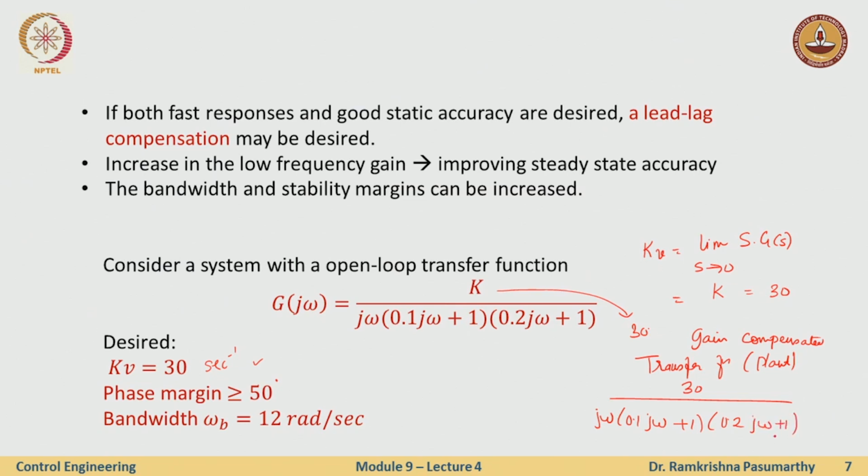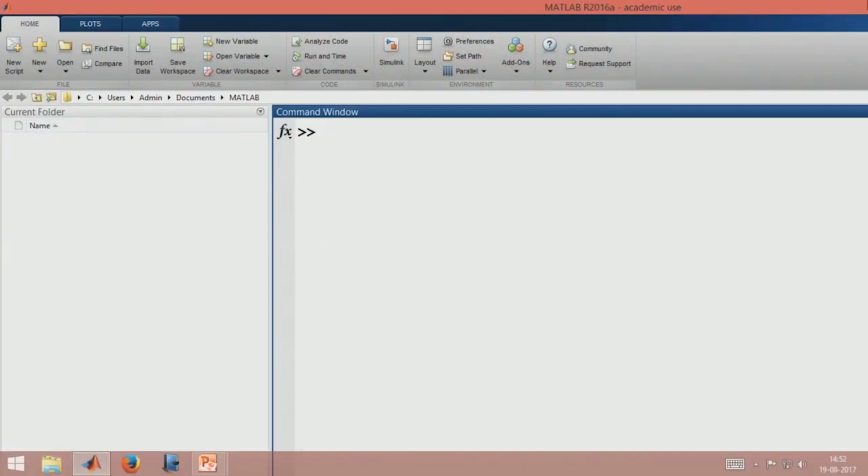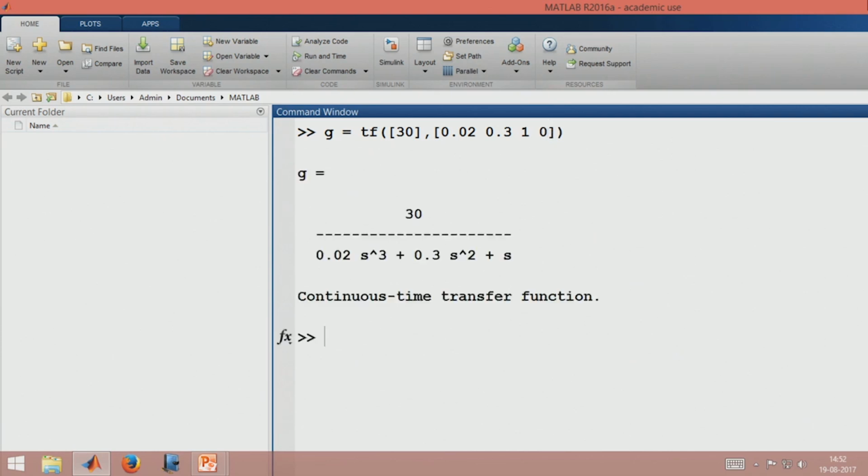Okay, now let's go to MATLAB and try to see what this gain means in terms of stability margins. So I have G as a transfer function with numerator 30 and denominator 0.02 s cube, 0.3 s square, s and 0, that is, 0.02 s cube plus 0.3 s square plus s.